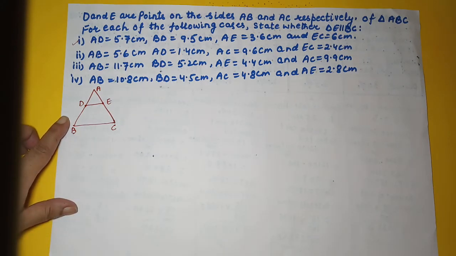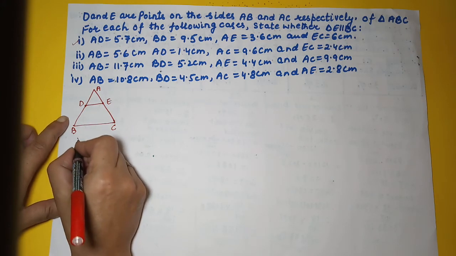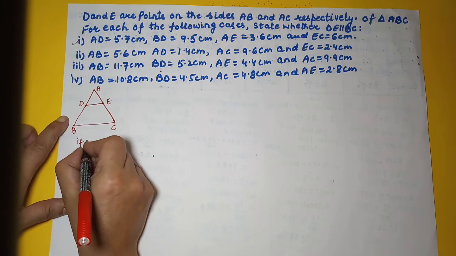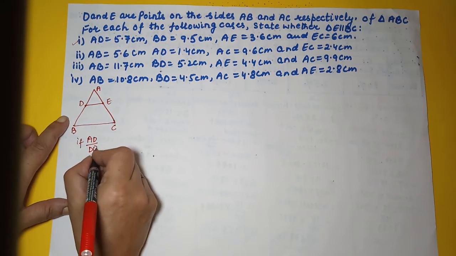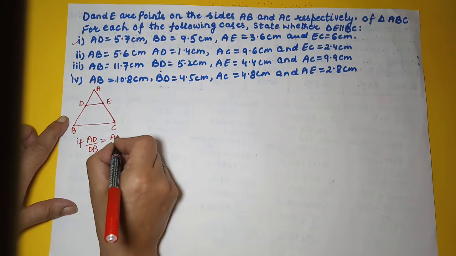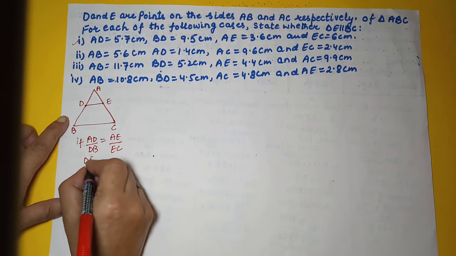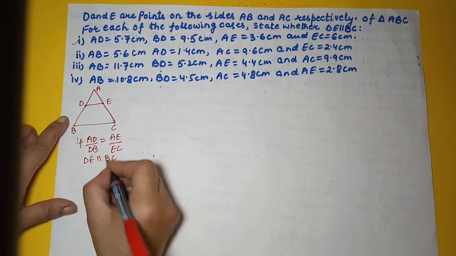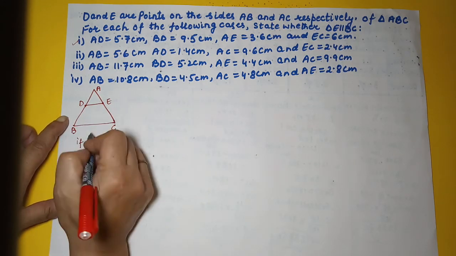Now, we have learnt in the previous questions that if AD by DB is equal to AE by EC, we can say that DE is parallel to BC. In fact, we were doing the reverse, right? DE was given parallel to BC.